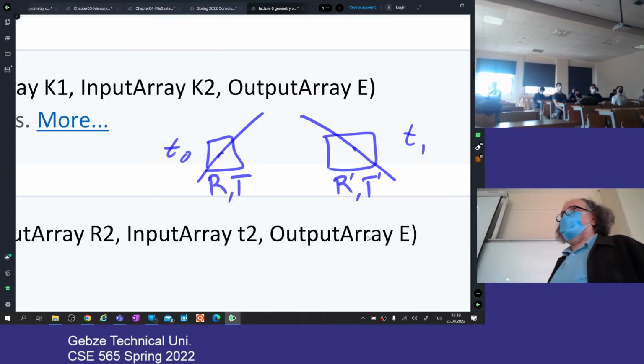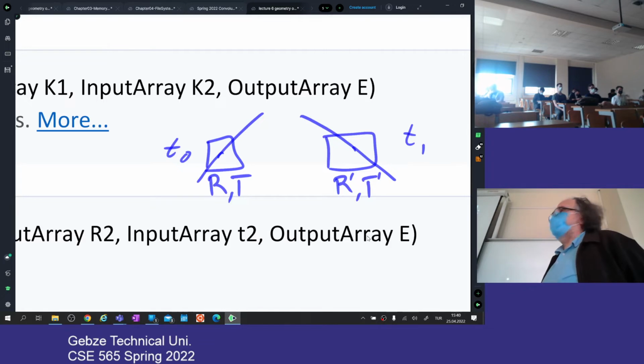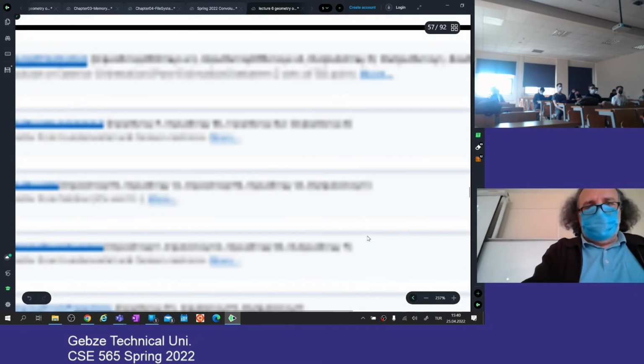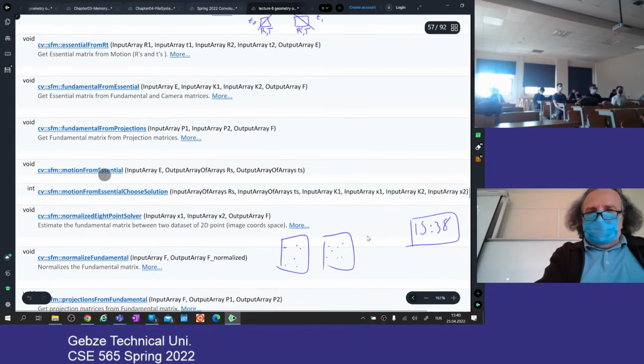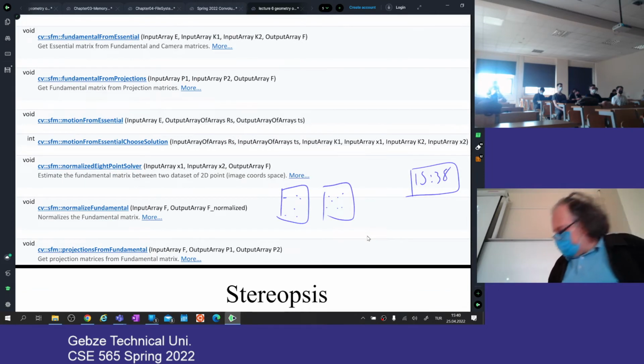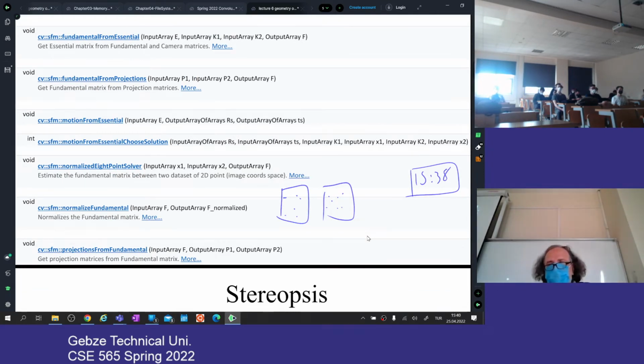It looks like a stereo pair, right? If the scene did not change, and I change only my camera position, it looks like a stereo pair. So I am going to use this idea of the fundamental matrix or the essential matrix in the motion chapter too. That's why we have a number of functions about motion and the fundamental matrix. We will come to those when the time comes about motion. Okay, so let's move on.